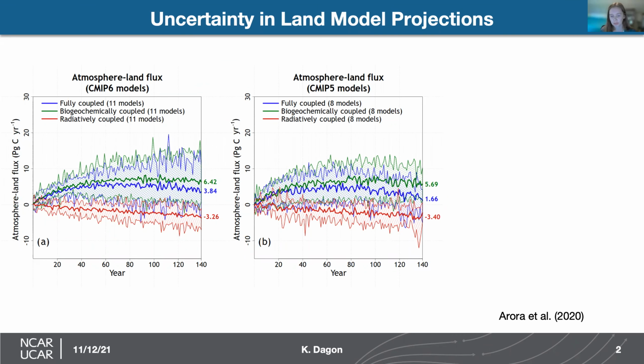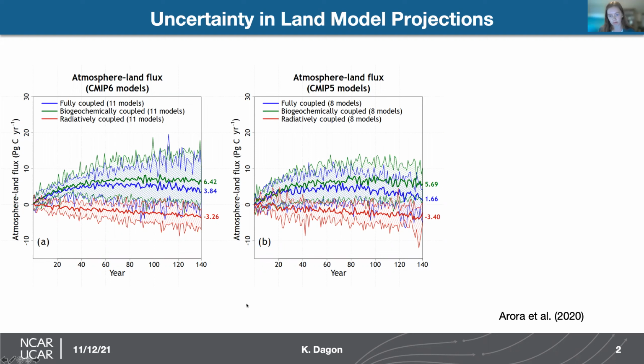Many of you are probably familiar with figures like these, looking across models. Here I'm just showing a figure from the Arora et al. paper, looking at the spread in atmosphere-land carbon flux between the CMIP5 models and the CMIP6 models. There's a lot of interesting details here.